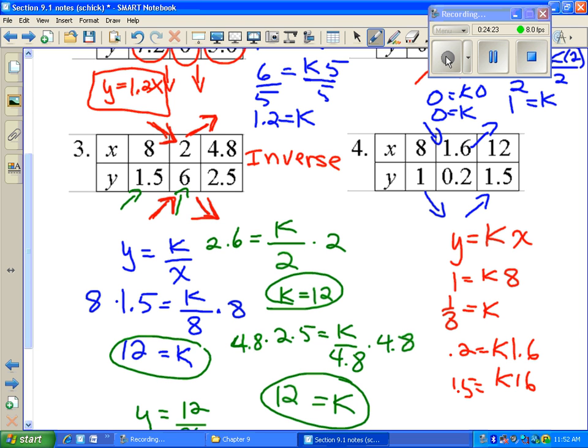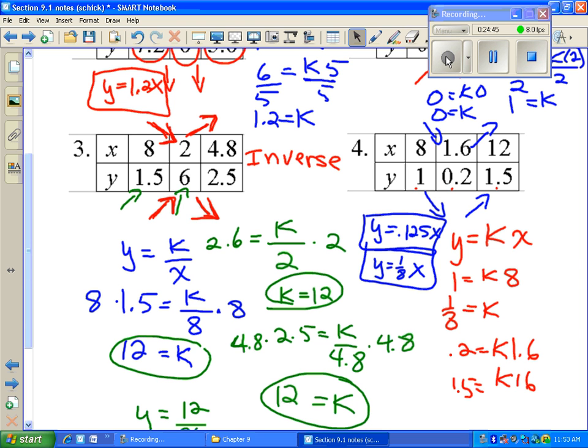This still turns out to be direct variation, so y is equal to 0.125x, or y is equal to 1/8 x. Either of these is my direct variation function. I can check it against all 3 of my points and I still come out with the same answer.